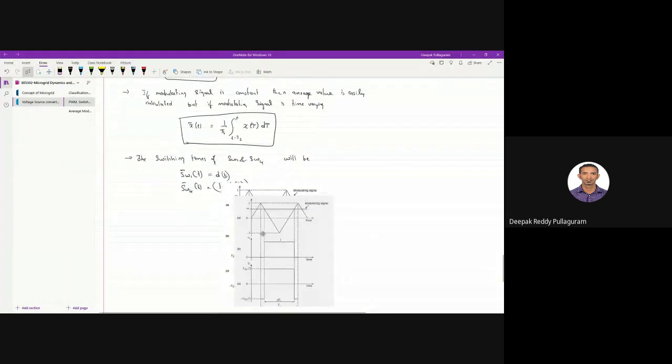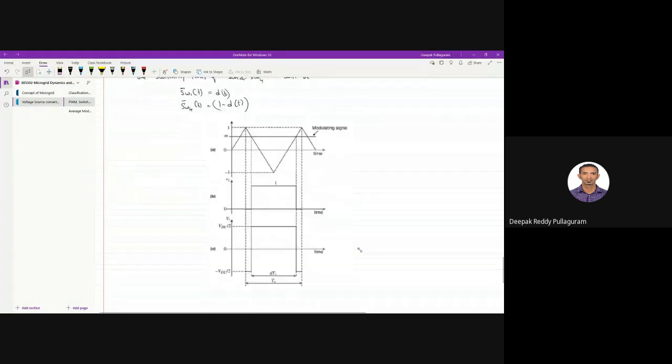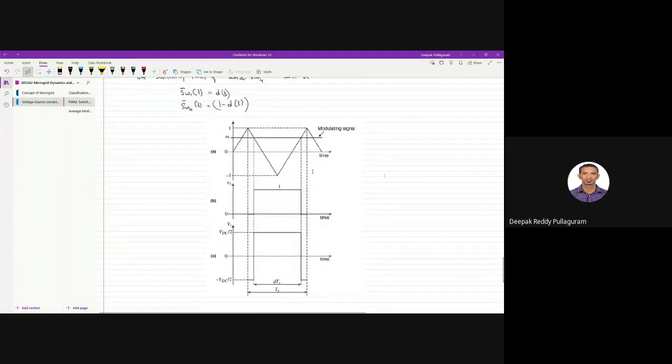I think you can see this figure. It's nothing but a simple figure we have already done multiple times. We have M, which is the modulating signal. If it is a constant, the on time and off time are decided accordingly, right?